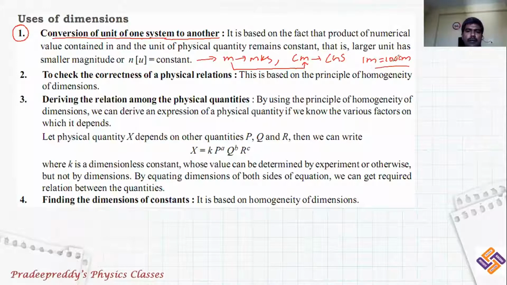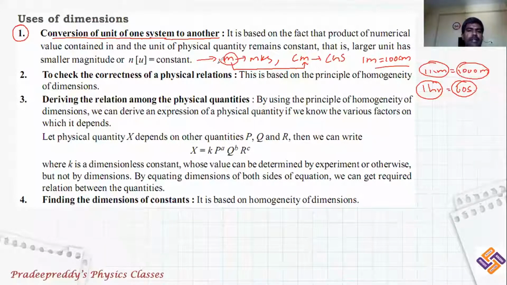Similarly, 1 kilometer is equal to 1000 meter, and 1 hour is equal to 3600 seconds. This is one system and this is another system. So we can convert one system of units to another system of units using dimensional analysis. Okay, that is the first use.